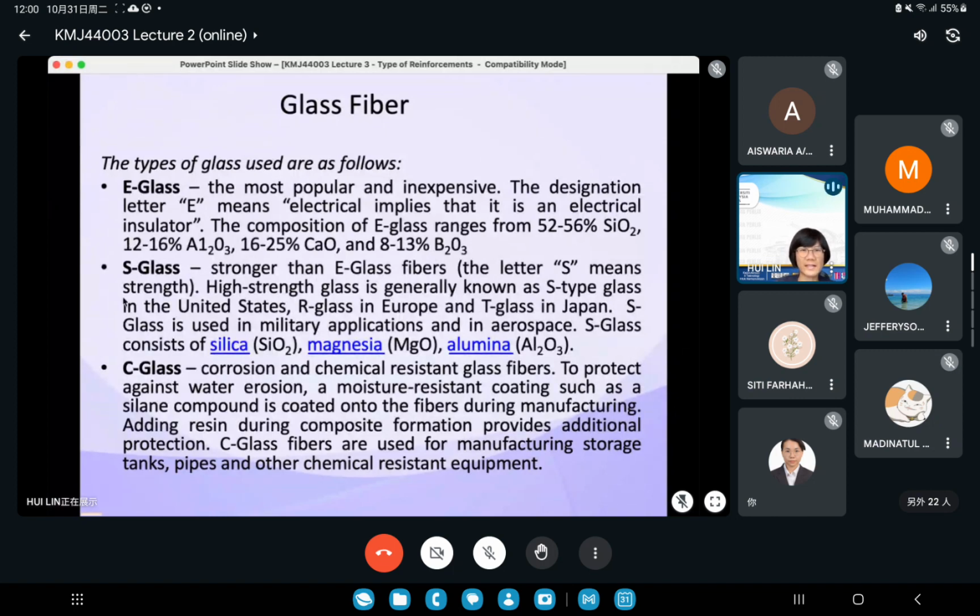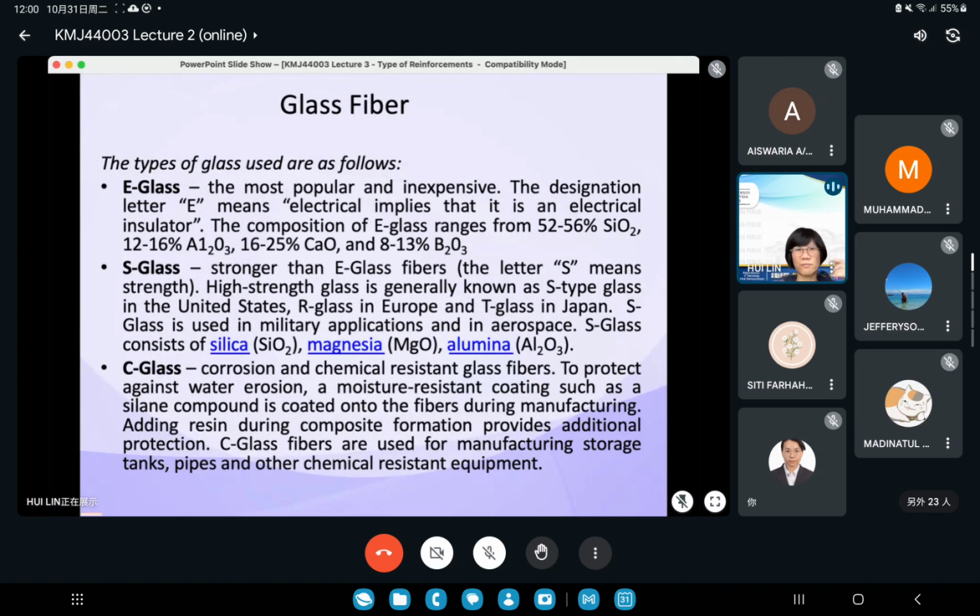S class, S means strength, so you will know it's a little bit expensive. C means corrosion, so it has high chemical resistance. We call this C glass fiber.